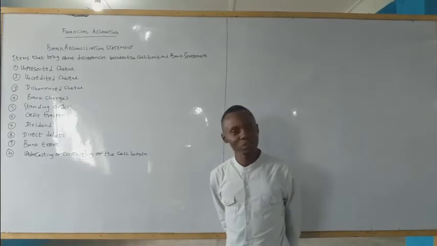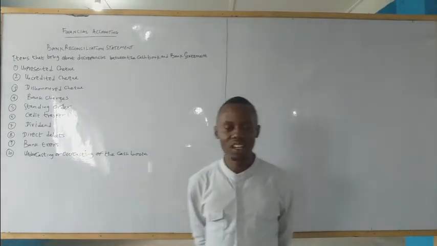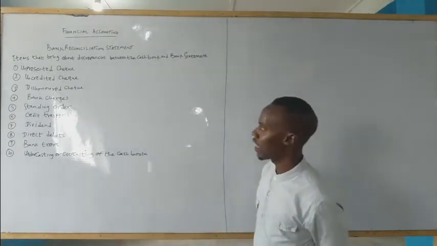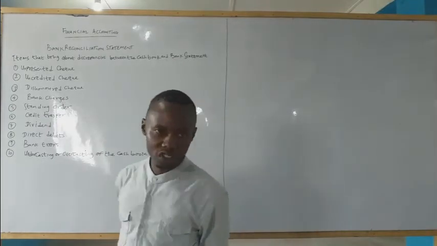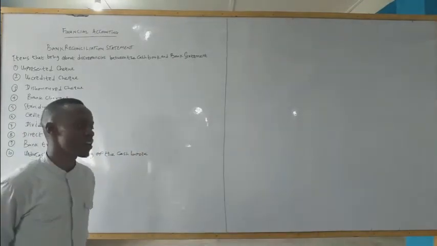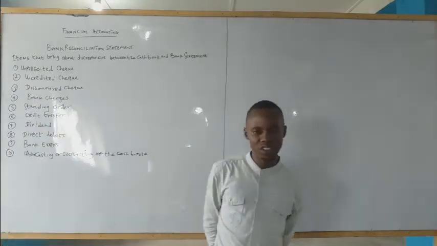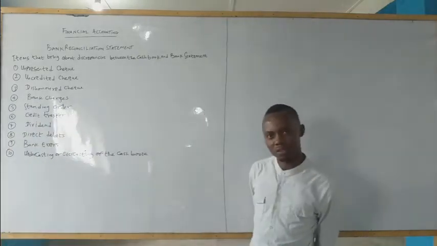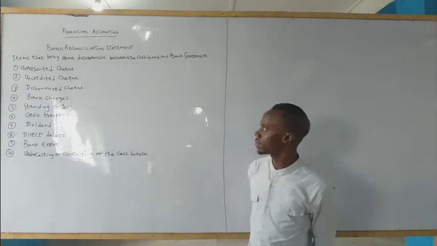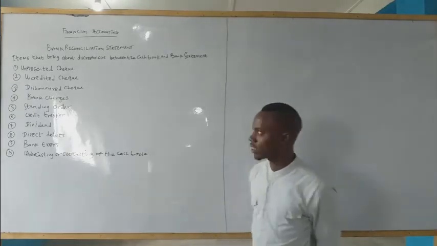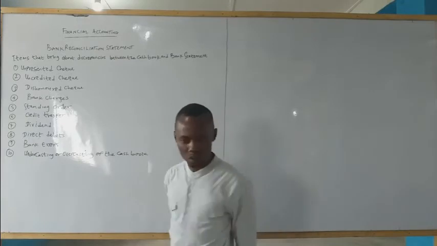So, my name is Idehen, and I'm taking you through accounting and the topic bank reconciliation statement. To start with, from our previous videos that we have uploaded, one of our colleagues took the topic on the cash book.